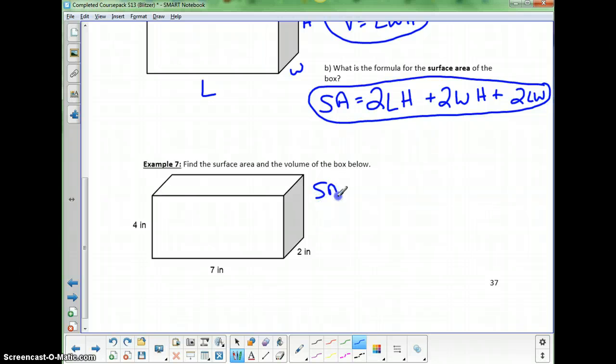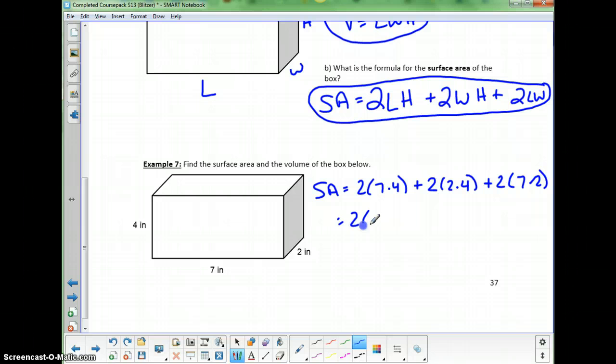Okay, so the surface area would be 2 length times height, so 2, 7 times 4, plus 2 width times height, so 2 times 4, plus 2 length times width, or 7 times 2.